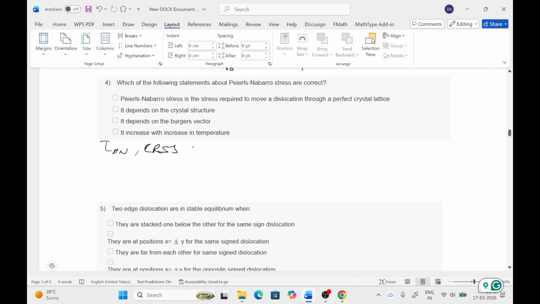So both represent the lattice friction, and both depend on the crystal structure and also on the Burgers vector. The Burgers vector is the slip direction.